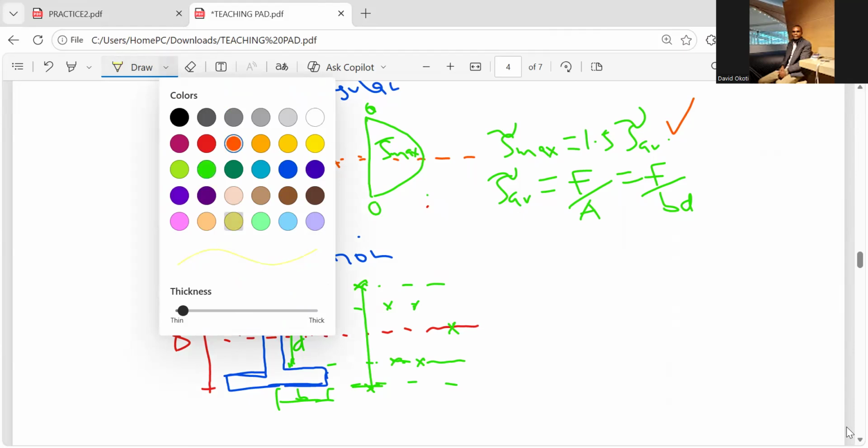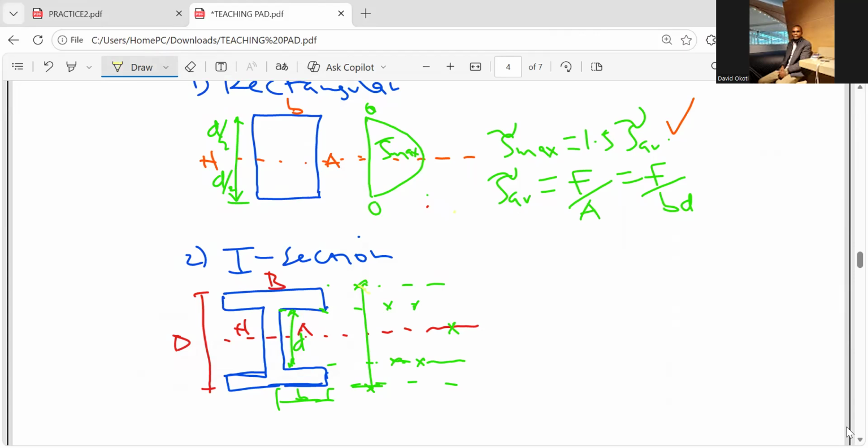I'll plot from here, it comes here, it goes here, it comes here, maximum value, it comes back here, here, and then here. So for the case of the I section, that is how it will be. This is where we have the maximum shear stress, at the neutral axis.